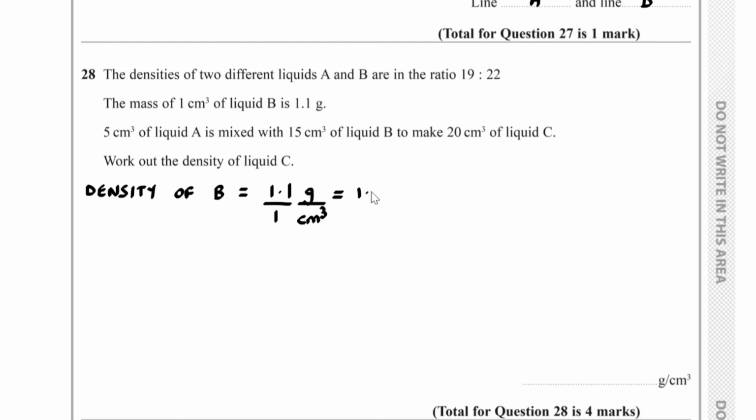So it turns out we get 1.1 grams per centimeters cubed for the density of B. Now what we can do is find out the density of A using this ratio.